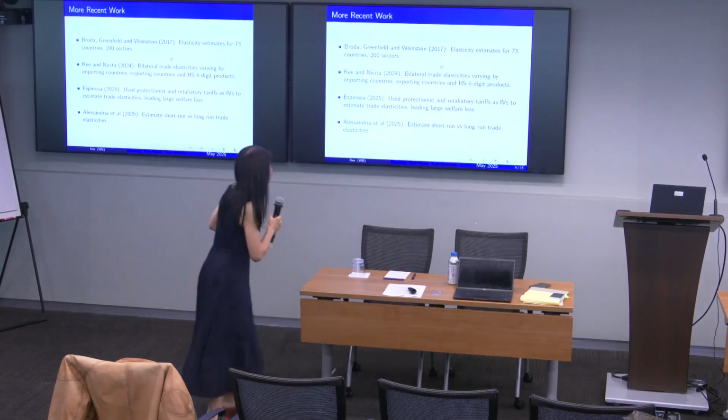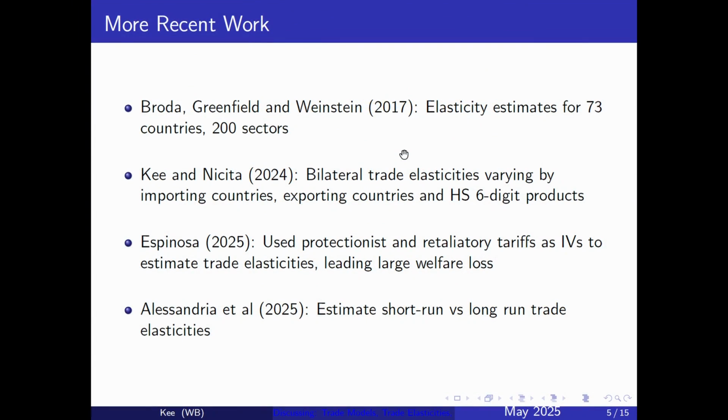more recent work. Broda, Greenfield, and Weinstein published a paper, From Groundnuts to Globalization. They expand their 2006 methodology to other countries. There are 73 countries now, from Gambia to Zimbabwe, all included. And my humble recent work focuses on pushing the envelope to have bilateral elasticity estimates.